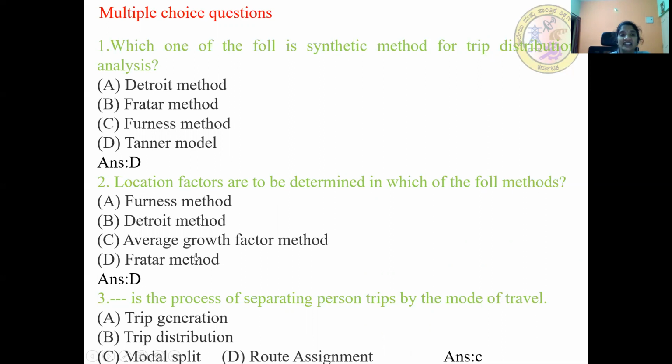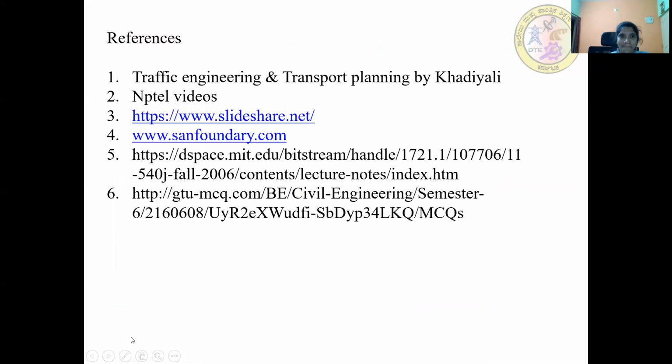Answer is D, that is Fratar method. The next: dash is the process of separating trips by mode of travel. Answer is C, that is modal split. So these are some of the references.